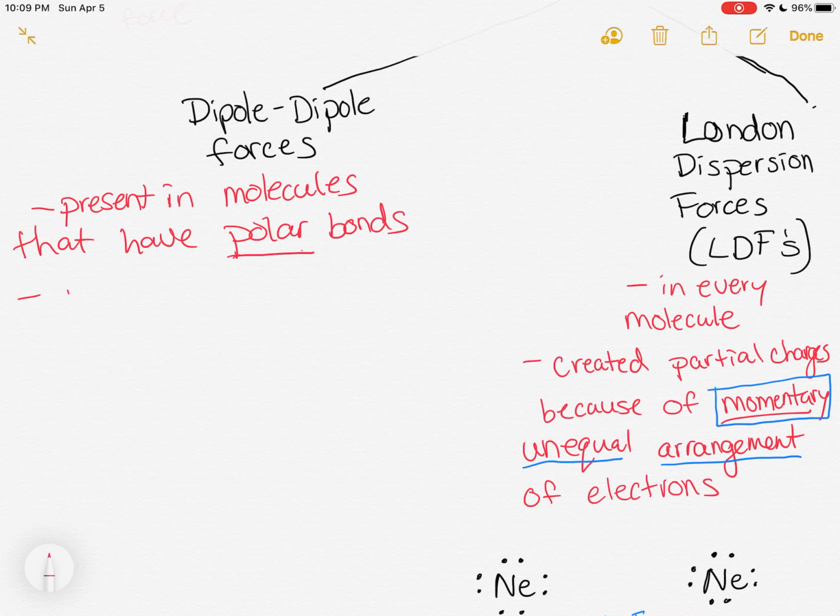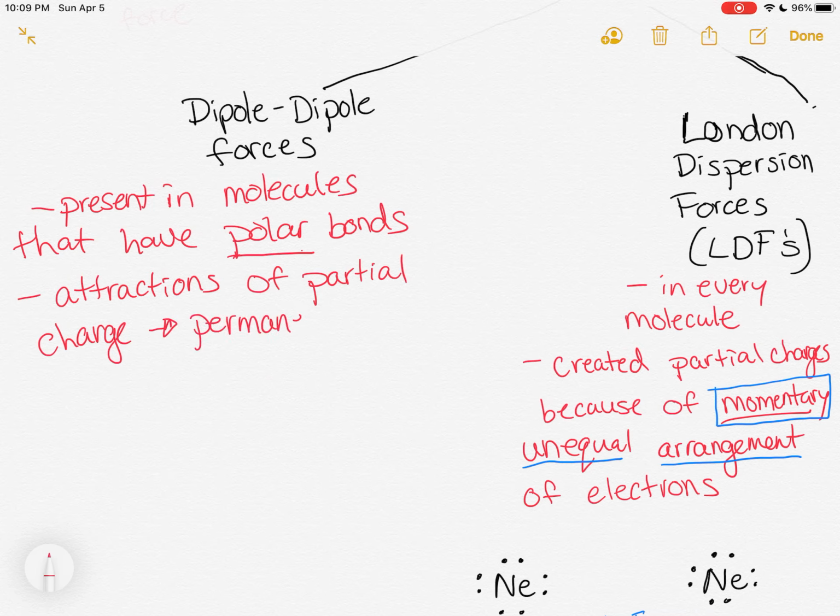Dipole-dipole forces are also attractions of partial charge, but these ones are permanent partial charges. So they are not full charges, like in our ionic forces, but they are partial charges. But they are different from our London dispersion forces because the LDFs only last for a moment. Dipole-dipole has permanent partial charges. Those partial charges are there all the time.